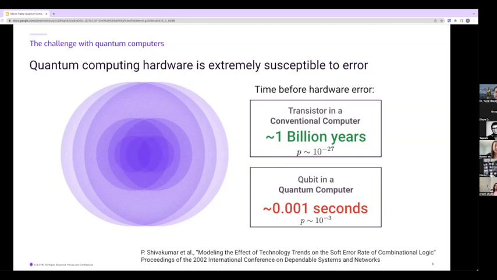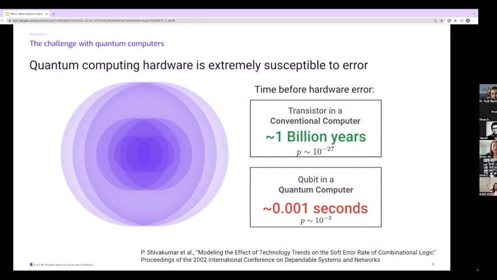And so just to put this into a relevant frame for understanding, the classical computer, the types of transistors that we have available today, we could run them for 1 billion years at 1 billion operations per second. And that would be the duration of time that we would likely be able to run them before encountering any type of error.